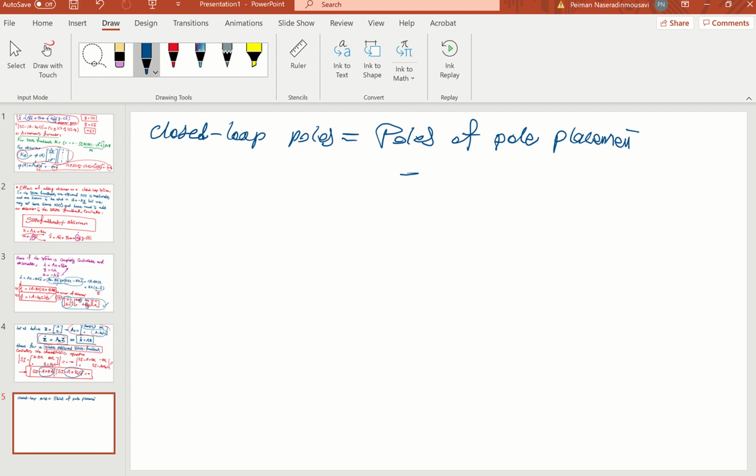I'm gonna do again, plus poles of observer. We're gonna place desirable poles for state feedback part, and we're gonna place the poles of the observer.